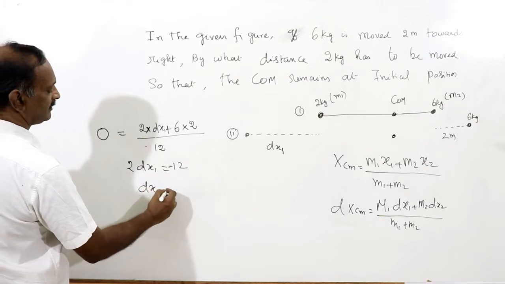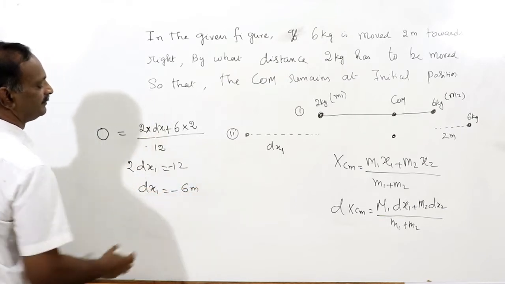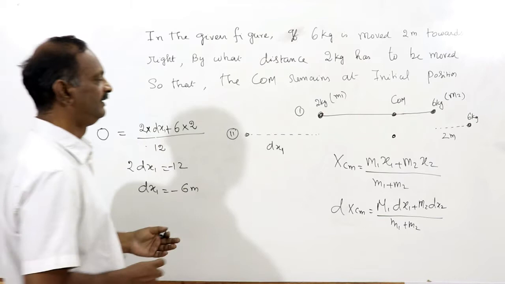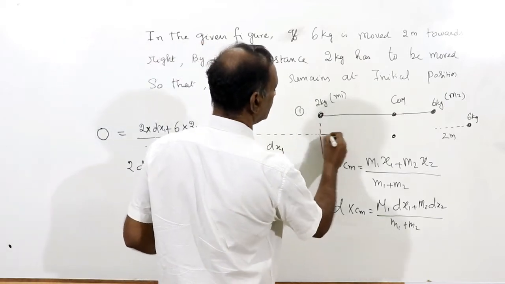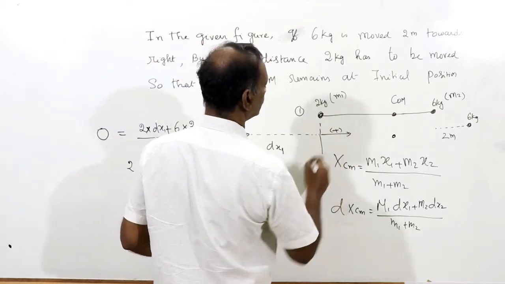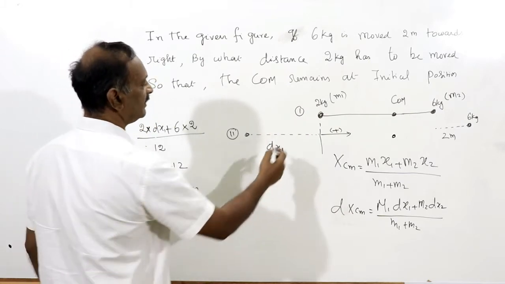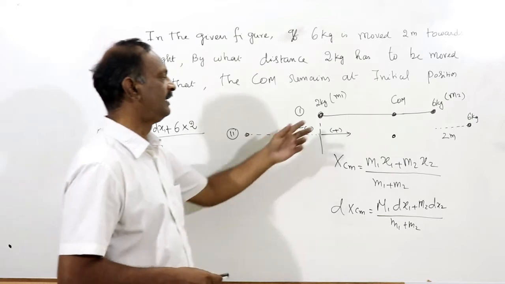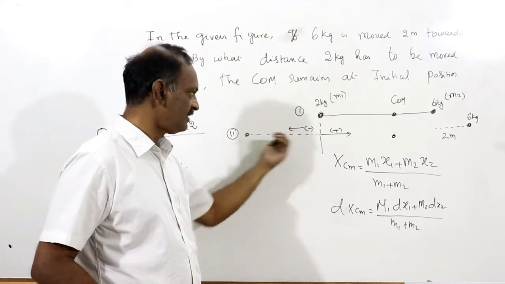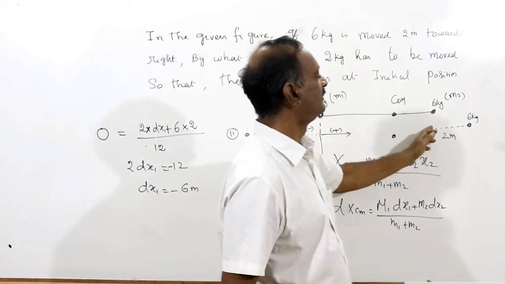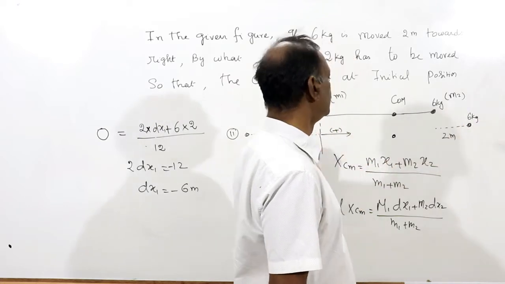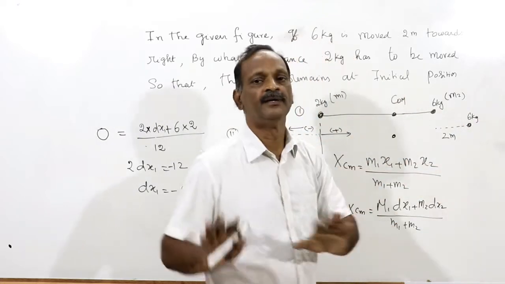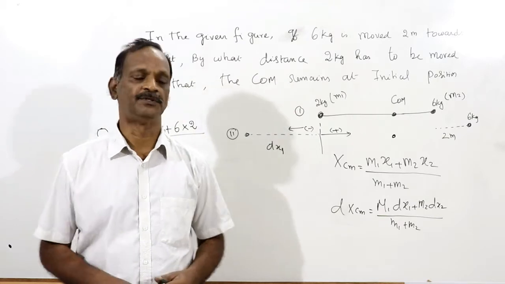Sorry, 0 equals 2 dx1 plus 12, so dx1 is equal to minus 6 meter. Minus indicates the opposite direction. So if the 2 kg is moved 6 meter in the opposite direction while the other moves 2 meter, the center of mass will not change from its initial position.